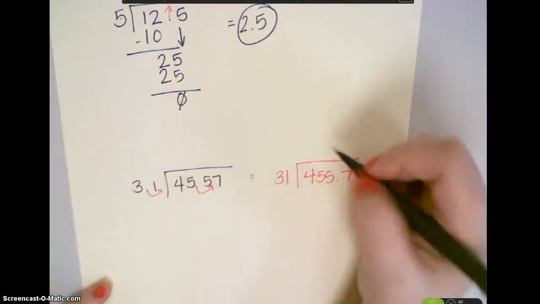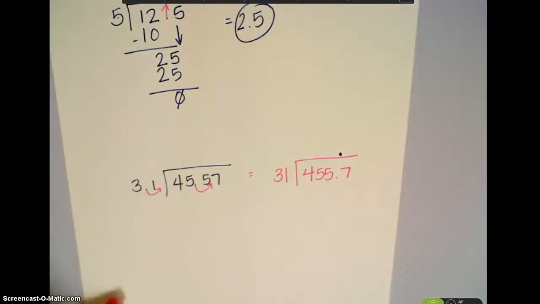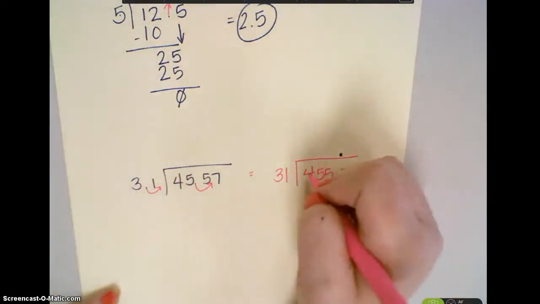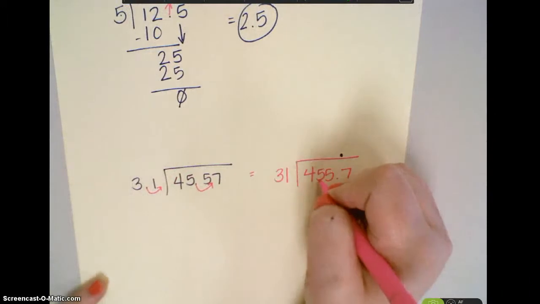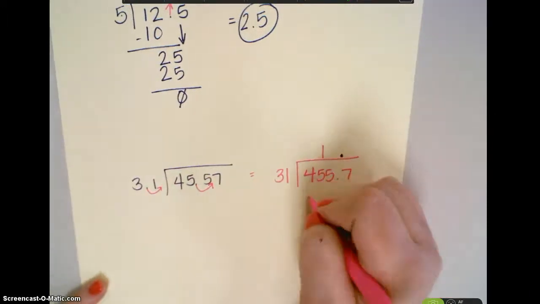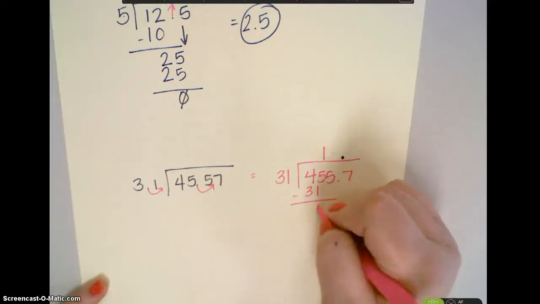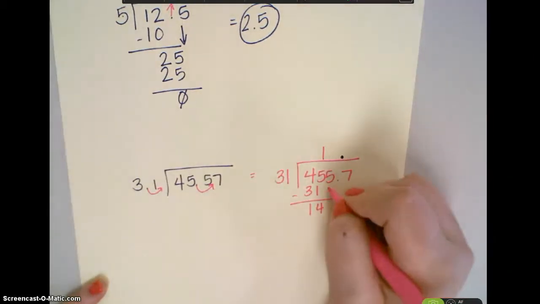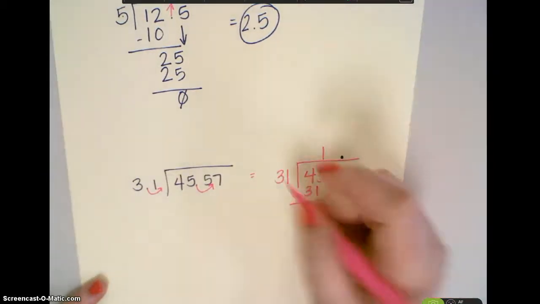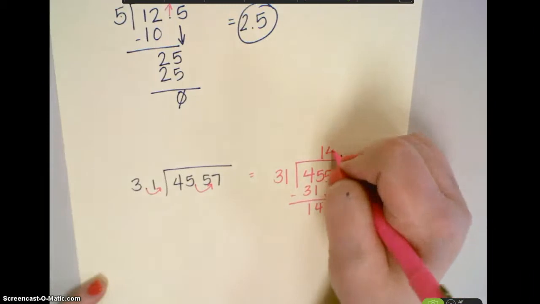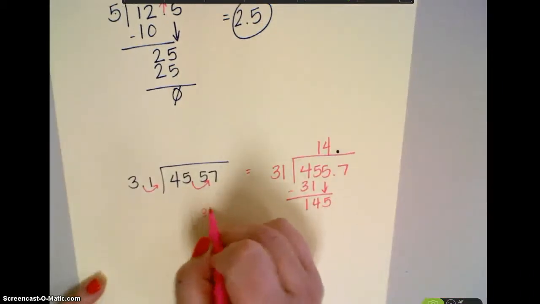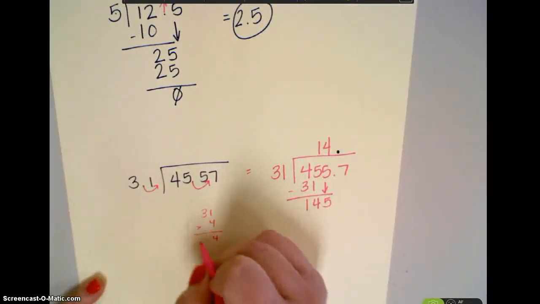So now I bring my decimal up, and this is going to be a little bit easier to work with. So 31 goes into 4, it doesn't. It goes into 45 one time. 1 times 31 is 31. And I'm going to get a remainder of 14. Bring down my 5. It's going to go into 145, I think 4 times. Let's come over here and say 31 times 4 is going to be 124.